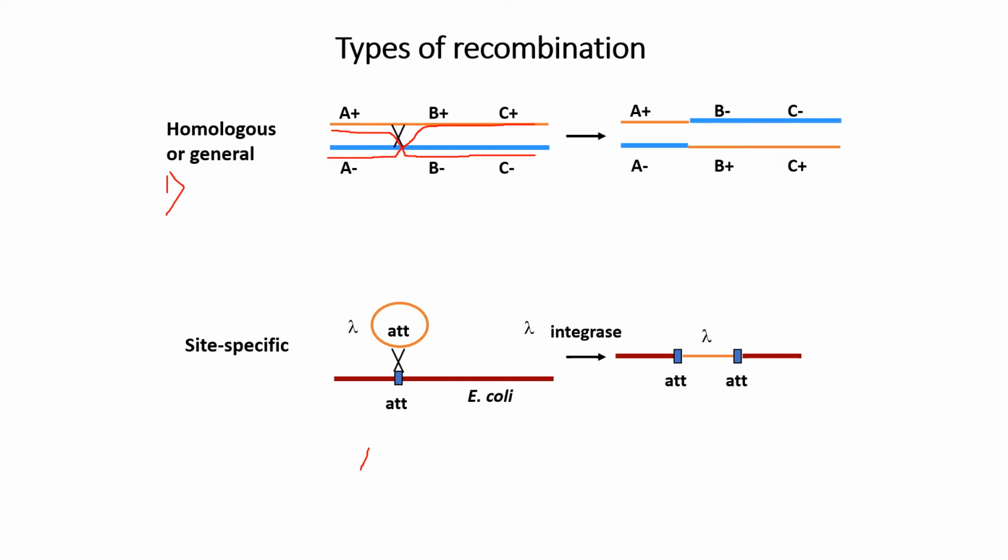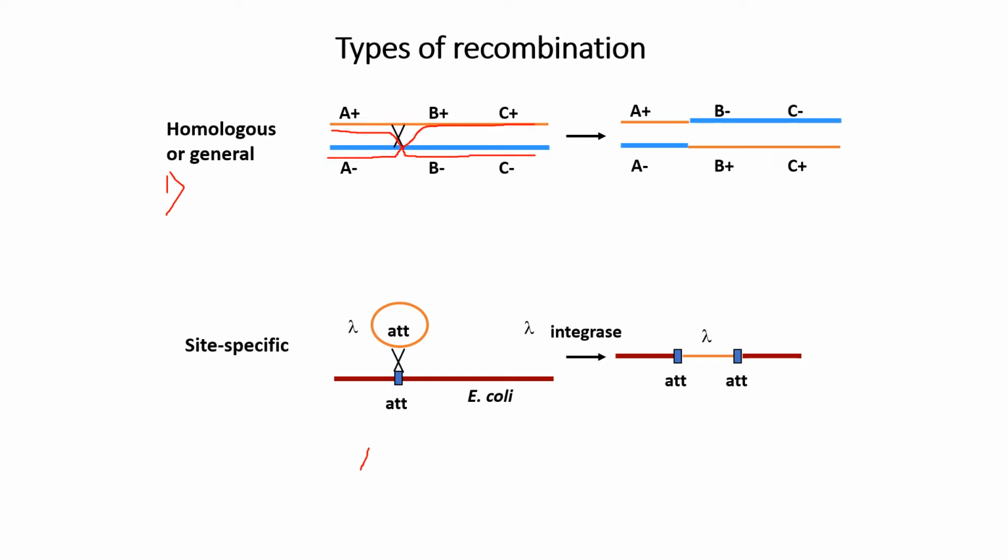Now the other one is called site-specific recombination. The site-specific recombination is basically seen in the specific transduction process, where the lambda bacteriophage gets integrated into the E. coli chromosome, and here the att, int and xis genes, these three different genes, play an important role.